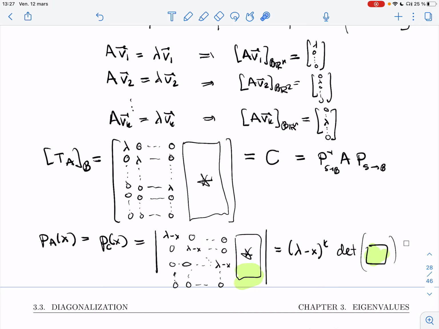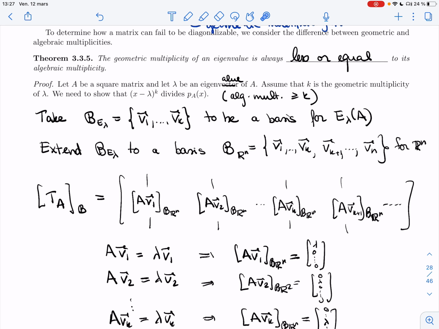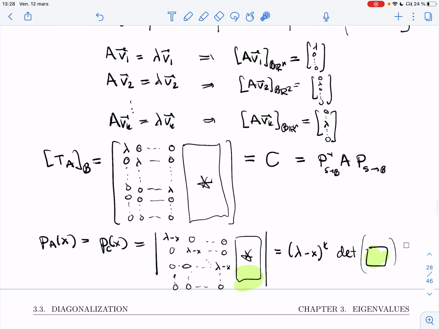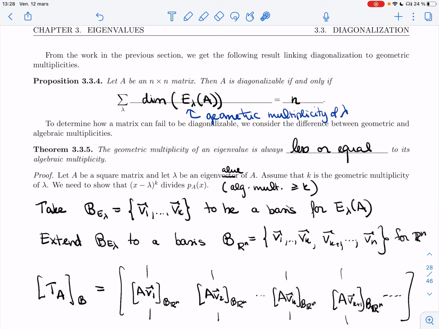But that means that (lambda minus x)^k does divide p_A(x). And that's what we needed to show. Good. So at this point, we have found that the algebraic multiplicity is bigger than or equal to the geometric one.